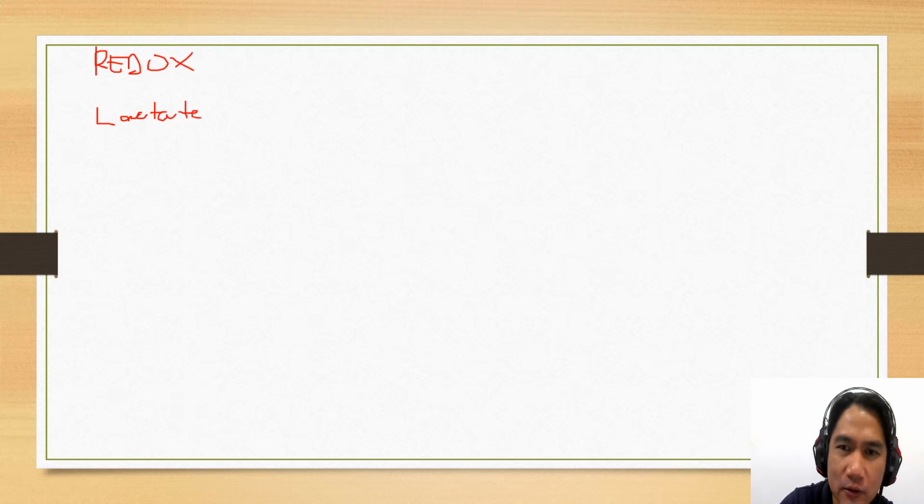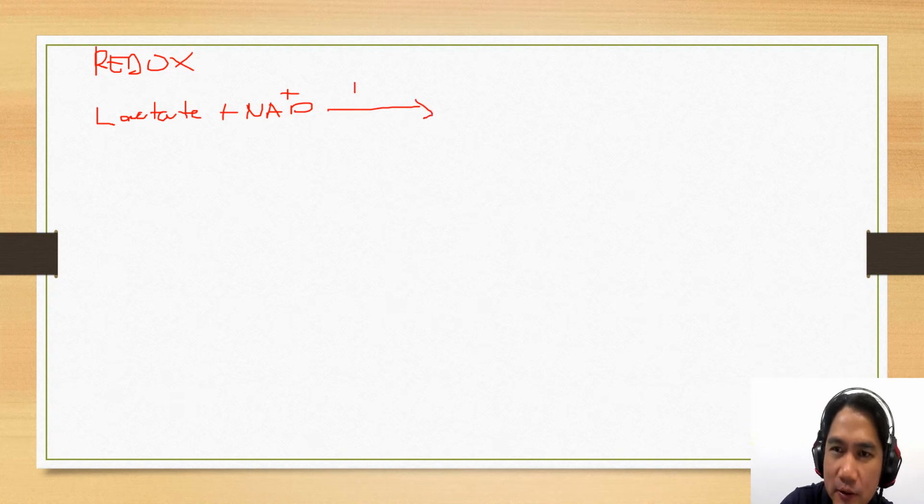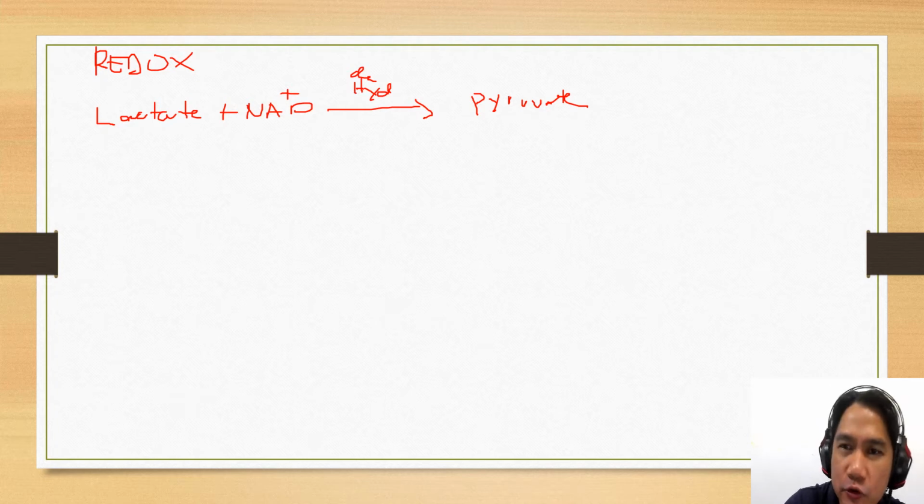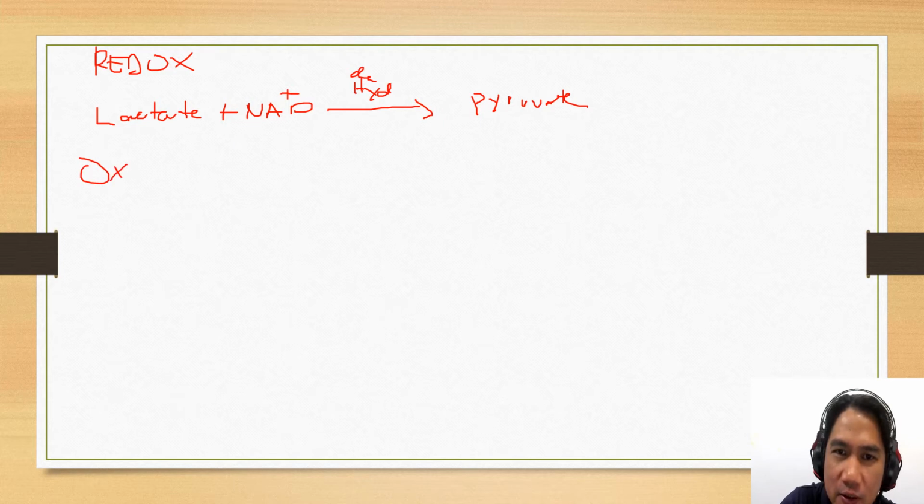You have lactate that has been oxidized by the NAD, catalyzed by the enzyme dehydrogenase, and the lactate has been oxidized to pyruvate. So where is the oxidation? The oxidation process is the lactate to pyruvate.